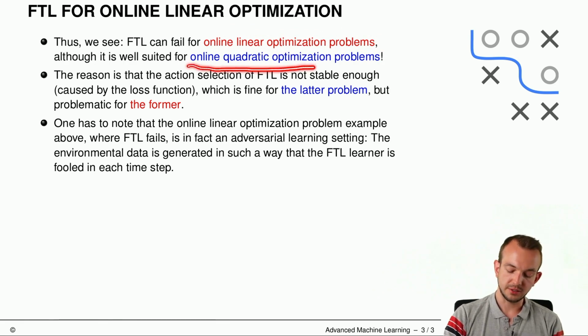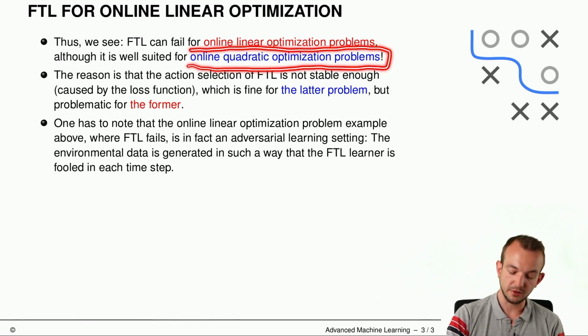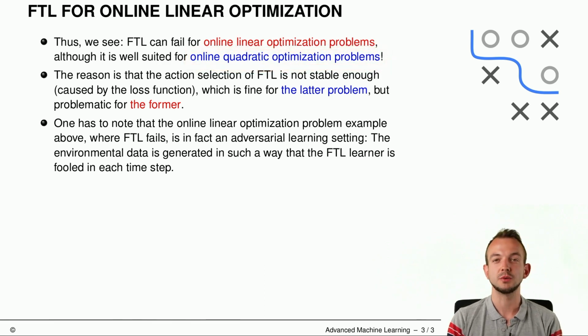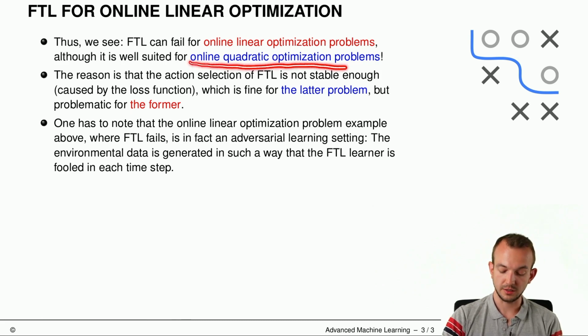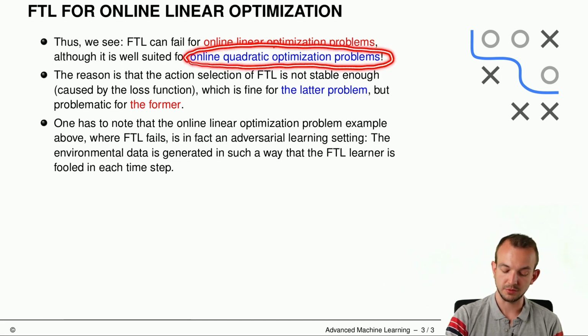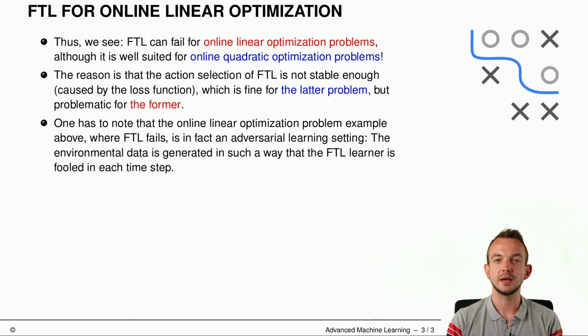But we saw before it's performing quite well for online quadratic optimization problems where we had this quadratic loss function. And the reason for that is the quadratic loss function, which is underlying online quadratic optimization problems, is essentially beneficial for the follow the leader algorithm, as the action rule is quite stable. So it's not jumping from one extreme to the other.